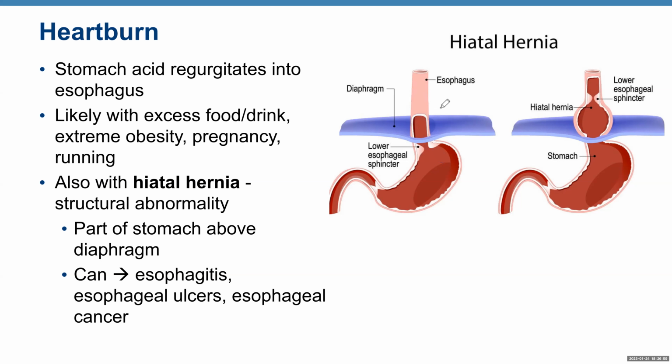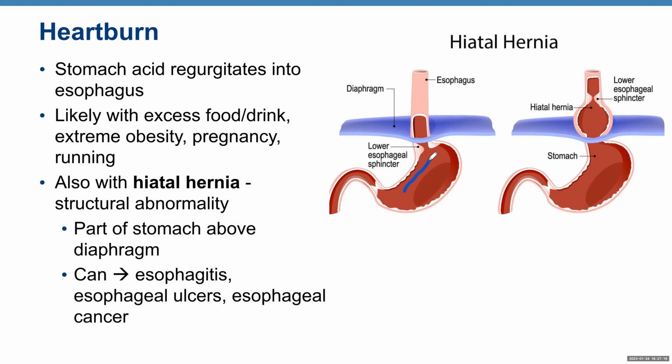All right. So if we have this regurgitation of stomach acid, then you will have this chyme, and chyme is very acidic, in the esophagus, and the esophagus structurally is not adapted for that high acidity.